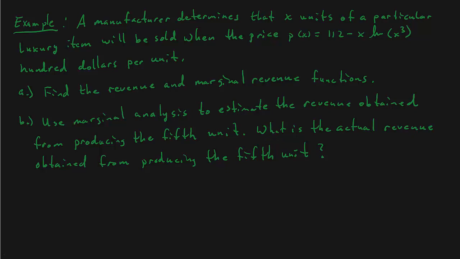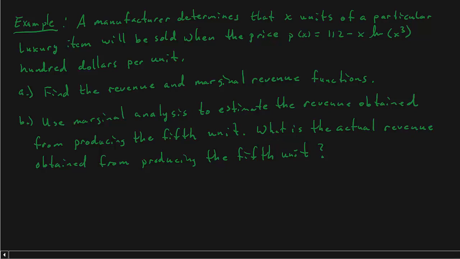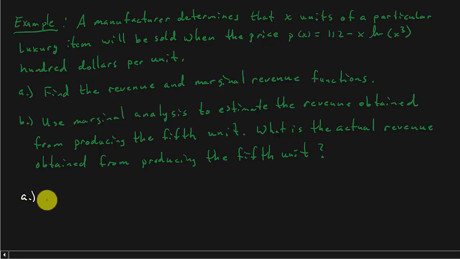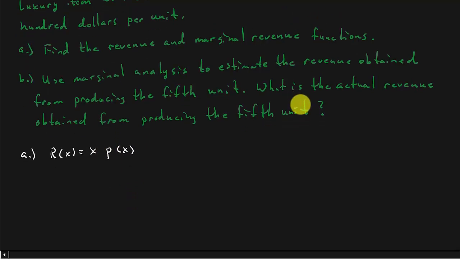Okay. All right, so let's look at part A and then we'll look at part B. Remember the revenue, it's x units, so the revenue is equal to x, the number of units sold, times the price, which is p of x.